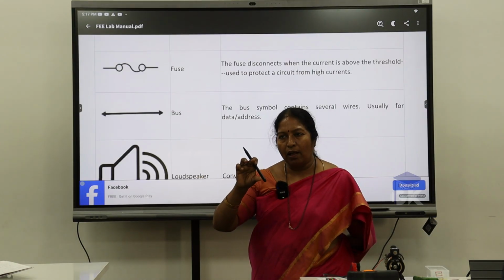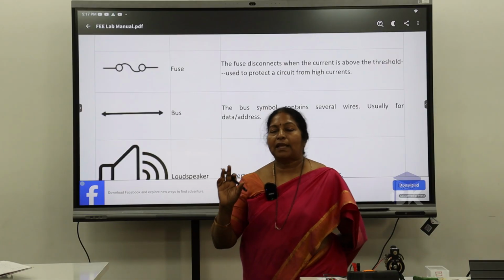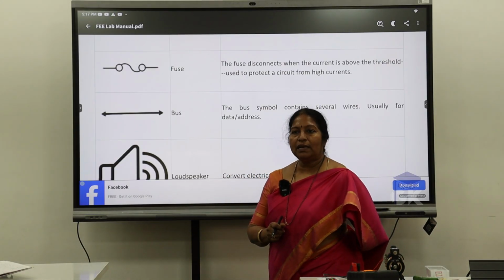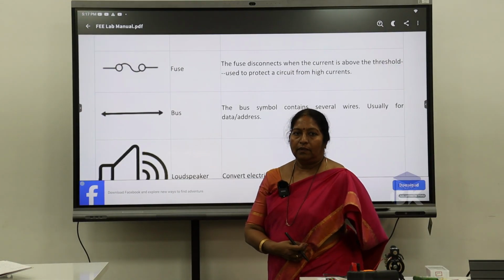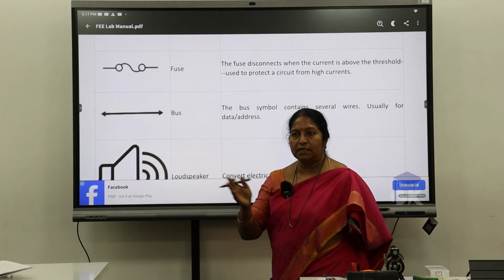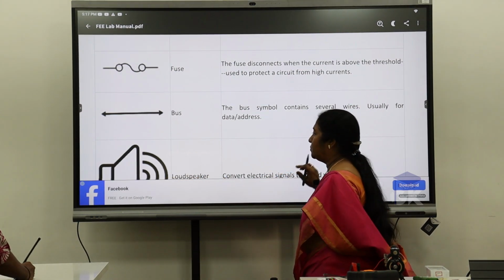When we address this, all these will go into the address of the memory location. So we represent it as a bus. If it is bidirectional, we just show the arrow on both sides. Bidirectional means address to data, data to address. We can show memory location to CPU, CPU to memory location.